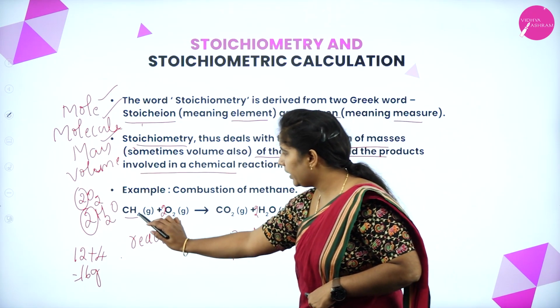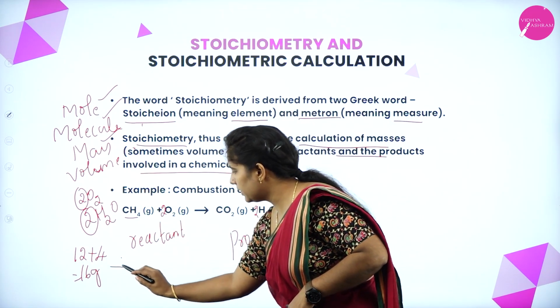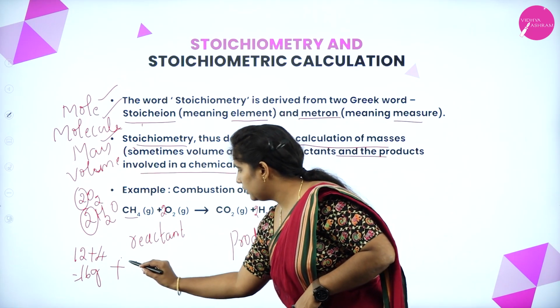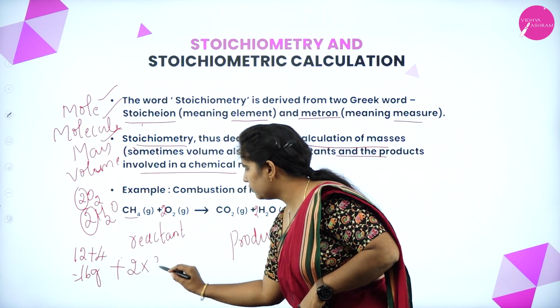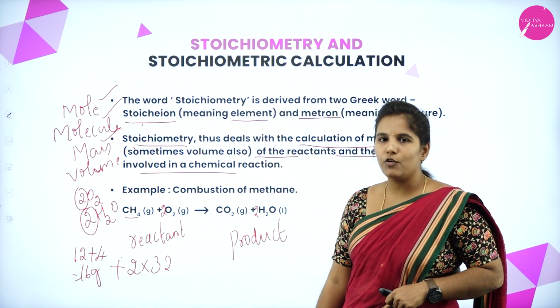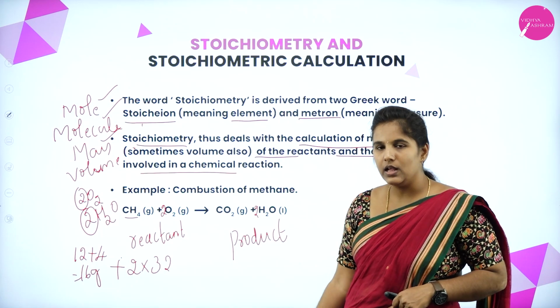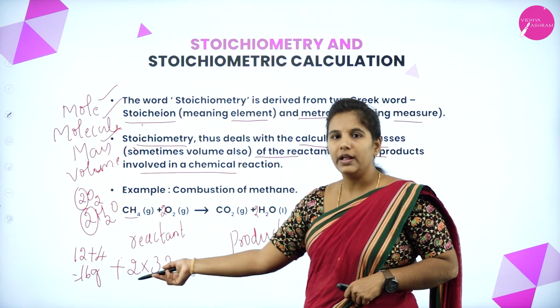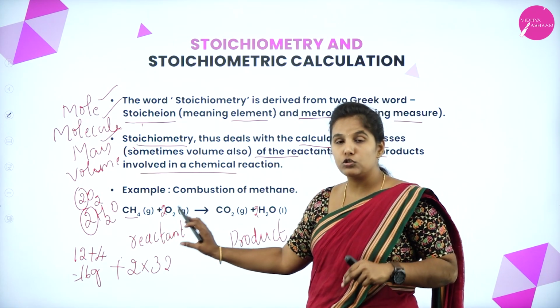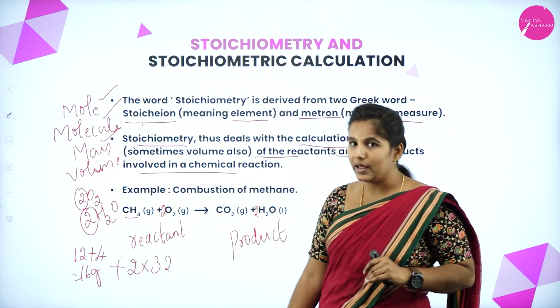16 gram of methane reacts with how many grams of oxygen? So here 2 into 32. Why is it 2 into 32? Because the atomic mass of oxygen is 16. So 16 twos are 32, into 2, because 2 molecules of oxygen will be reacting.